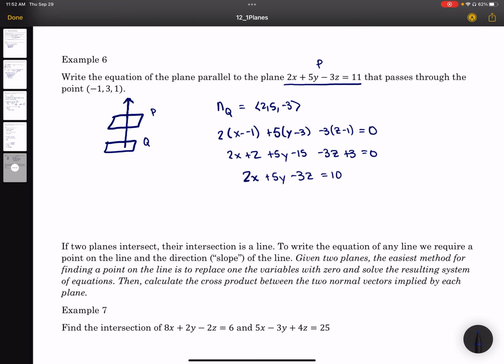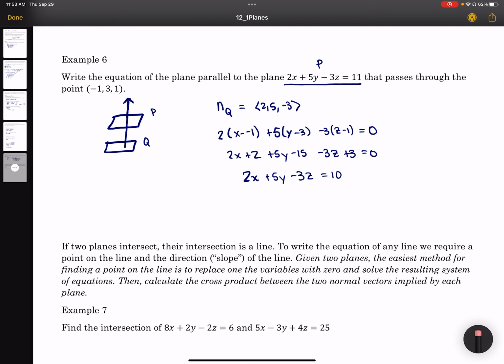-1, 3, and 1. I feel like my math is off. If we substitute in the point, I think I made a simple math mistake.